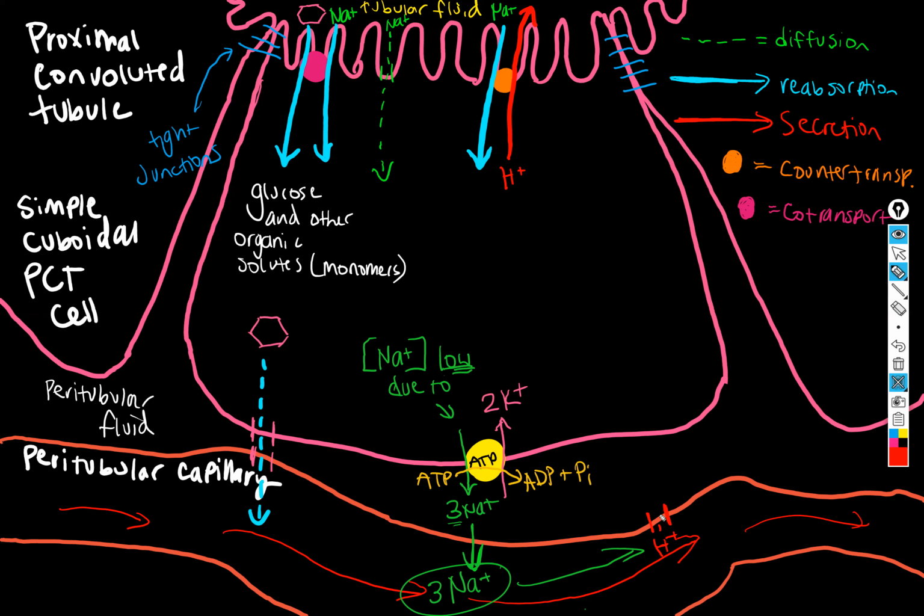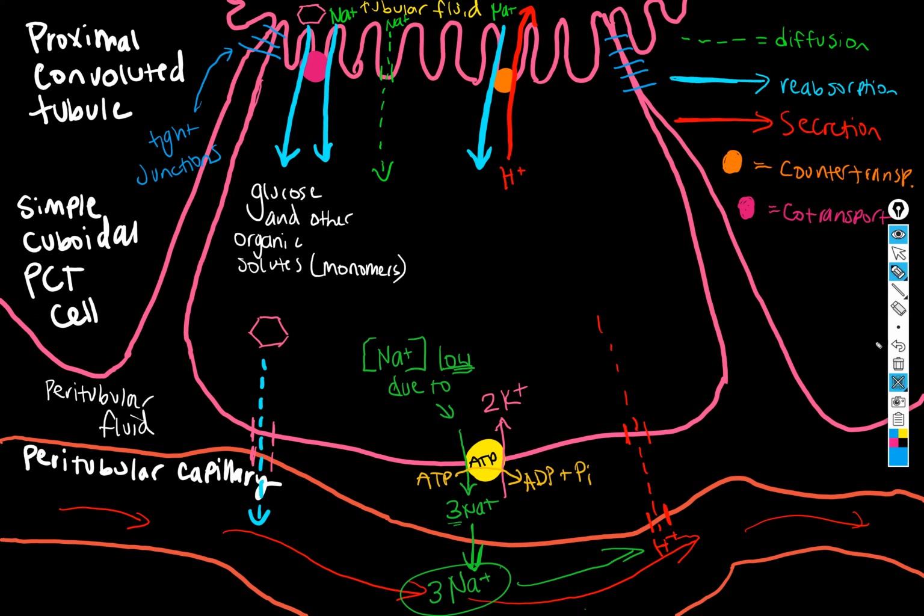So they go out of the blood and into our little cell. And then we have some other cool stuff that goes on. And unfortunately, I didn't leave myself quite enough room to draw this, but I will explain it.